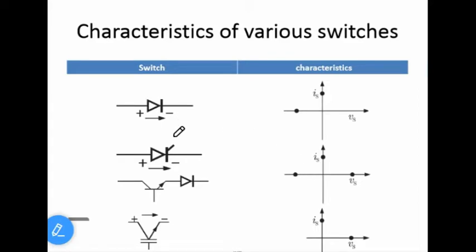Now, forward voltage is applied and I apply the gate signal. What happens? The switch will be turned on. Since the switch is turned on, the voltage across the switch is 0 and current will be passing. Therefore, you will get the operating characteristics on the positive y-axis like this.